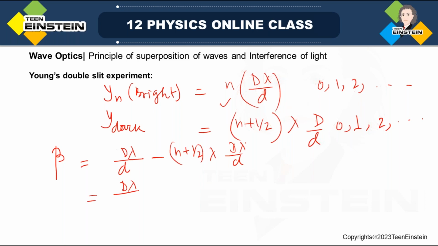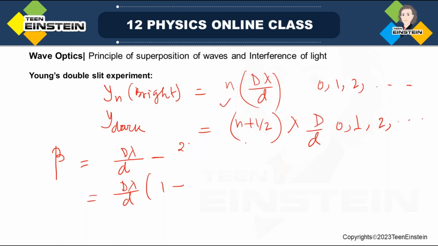So D lambda by small d, 1 minus this one, n is equal to 2 here, right? I'm sorry, this is n is equal to 2. This is not for odd, I just write the difference between two successive bright.